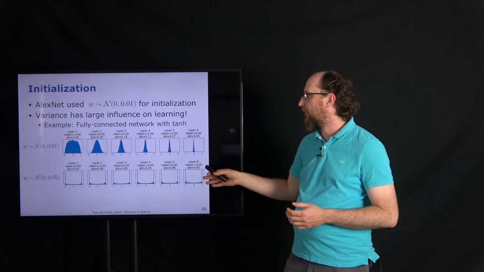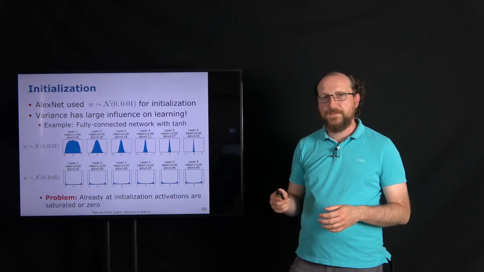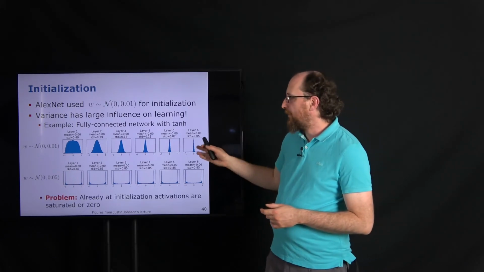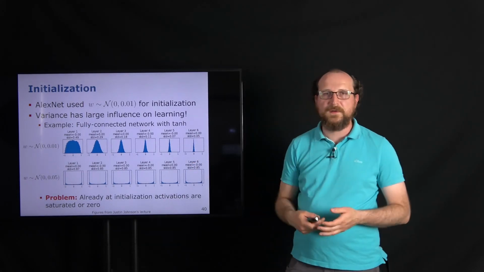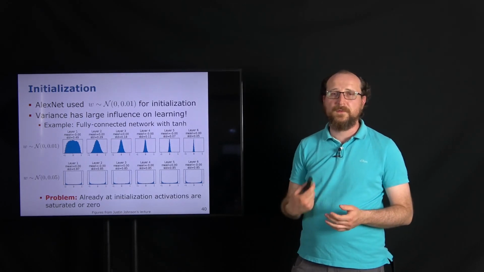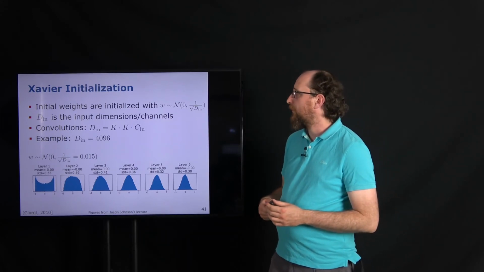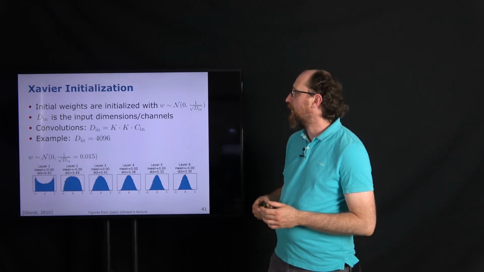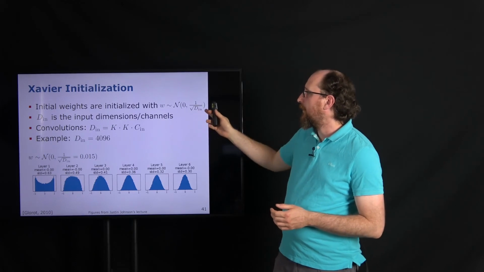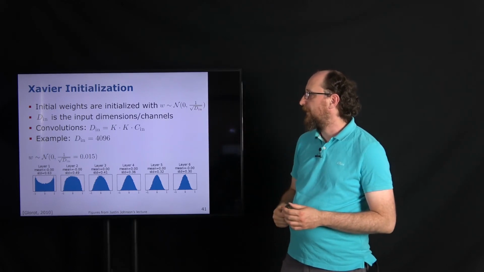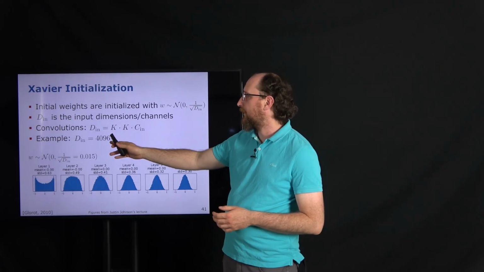And this effect also occurs, of course, with networks that get bigger and deeper. So a simple solution is to find the variance for initialization that gives us a good starting point for the training. For this, it was proposed to use as the initialization for the weights just 1 over the square root of the number of input dimensions. In this example with the fully connected layer, we had input dimensions of 4096.